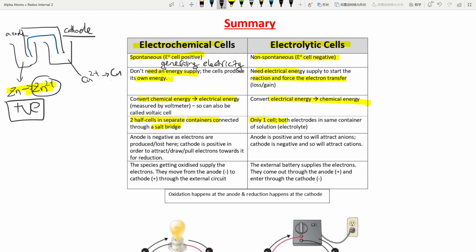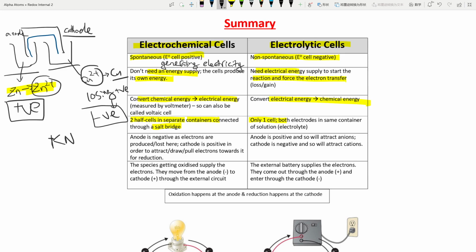It's not because I'm producing anything negative, it's just that I'm losing positive, hence it becomes more negative. So if you have the left hand side beaker and the right hand side beaker, one becoming more positive and one more negative, and the charge separation is too high, the electrons simply don't move anymore.